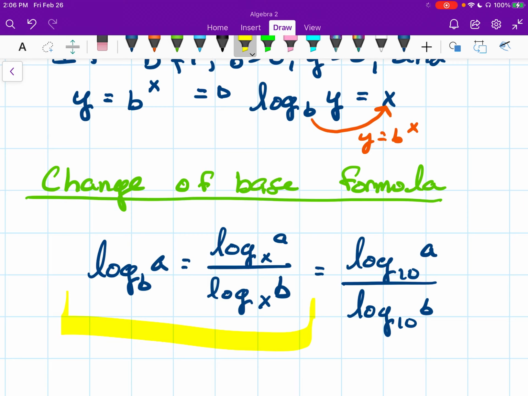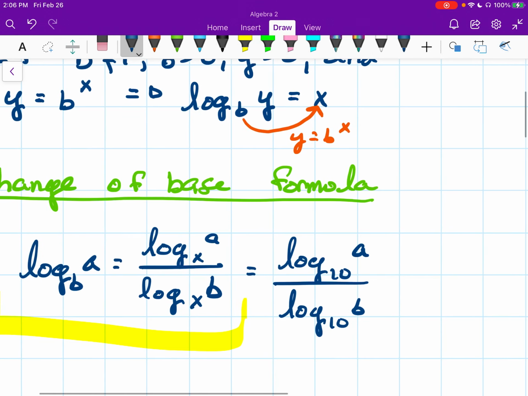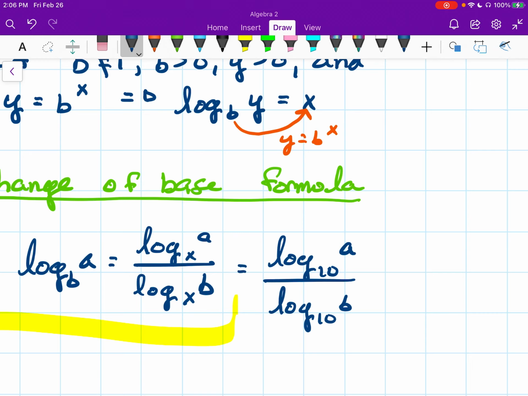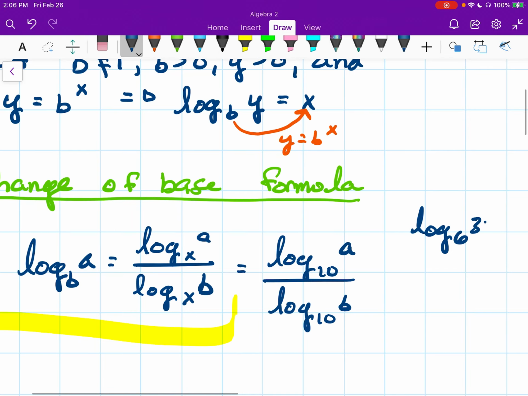But we could also substitute an X for 10. The logs that our cheaper calculators will do will only be base 10. So if you're going to type in your calculator log base 6 of 30, well, you try to type that in your calculator, it won't work.